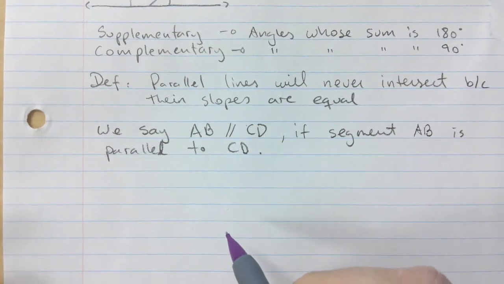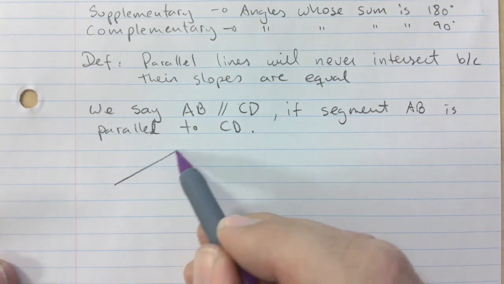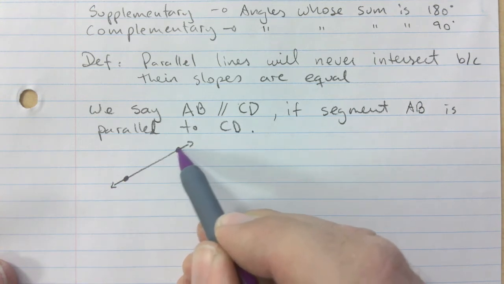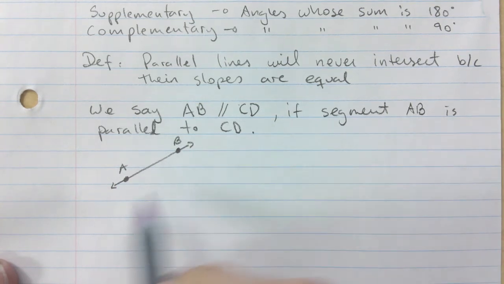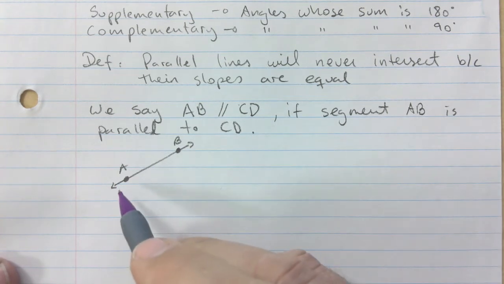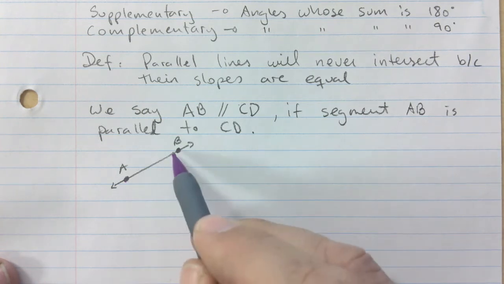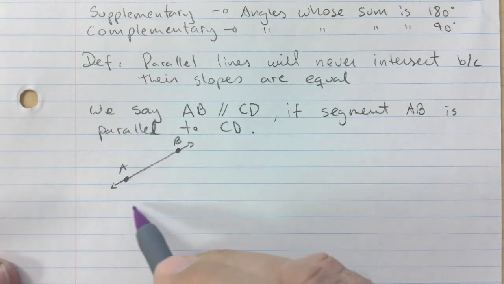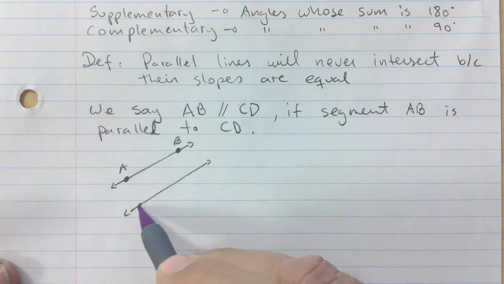Okay, and I'll give you a diagram that goes with it. Just draw two lines like that, and so this would be segment AB. On this line that keeps going indefinitely on either end, you're delimiting it by 2 points. You're referring to this segment here and this segment here, which is CD.